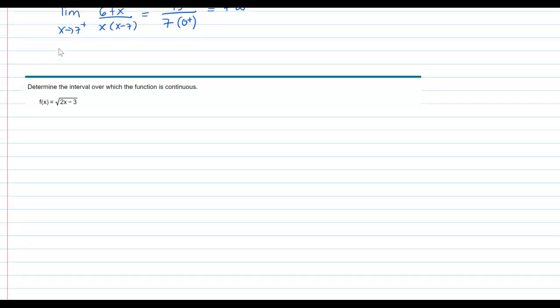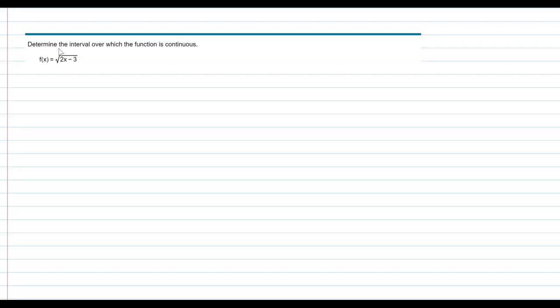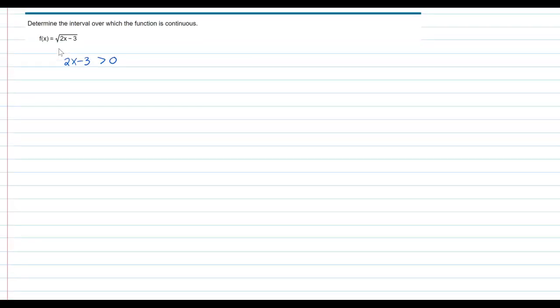Now, to find the domain of that function, because this is a square root function, you just need to make sure that the radicand, the expression inside that square root, 2x minus 3, should be greater than or equal to 0. So it should not be negative. And then you solve for this inequality here.